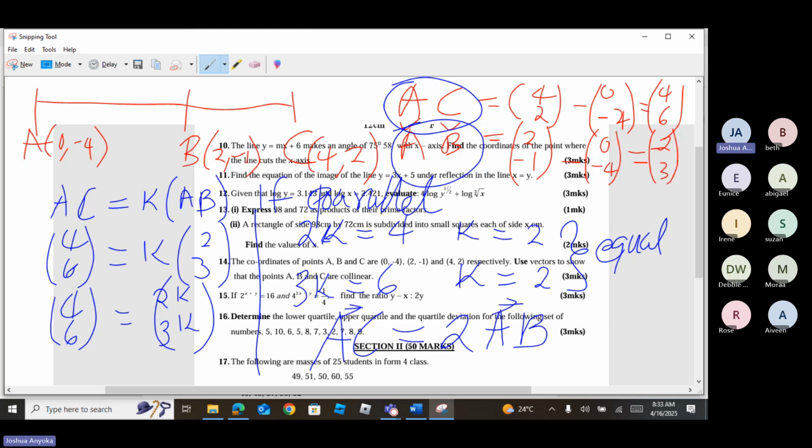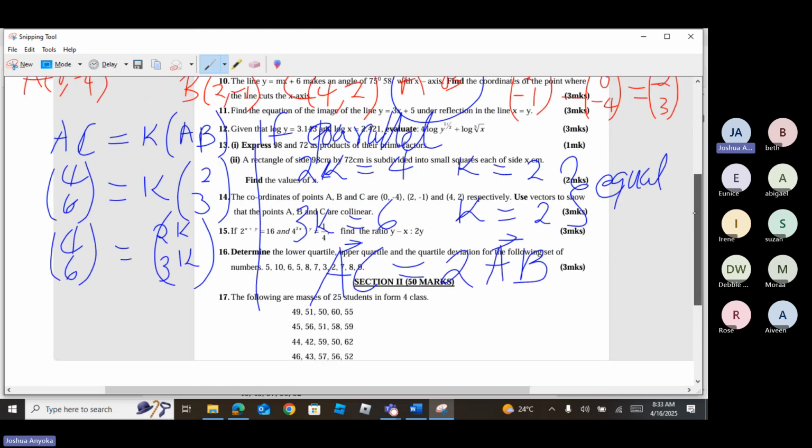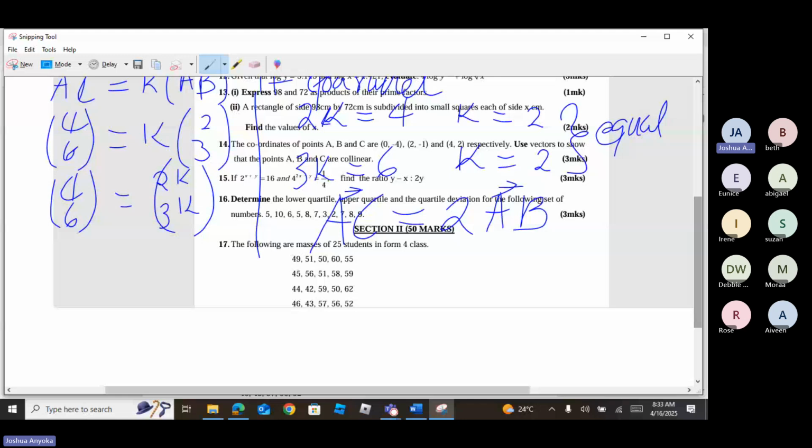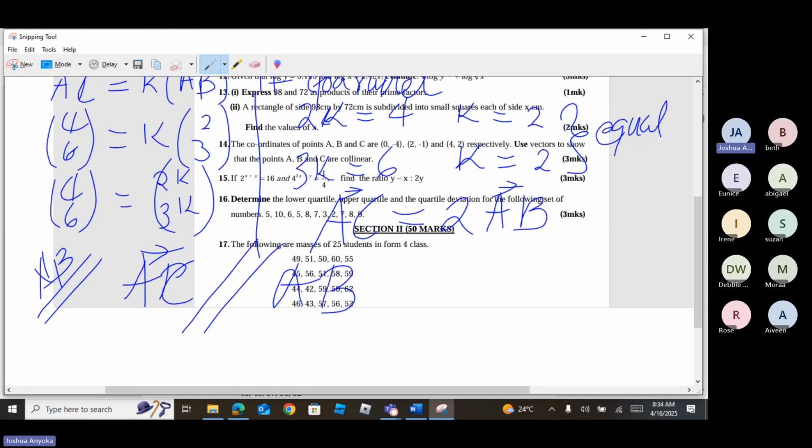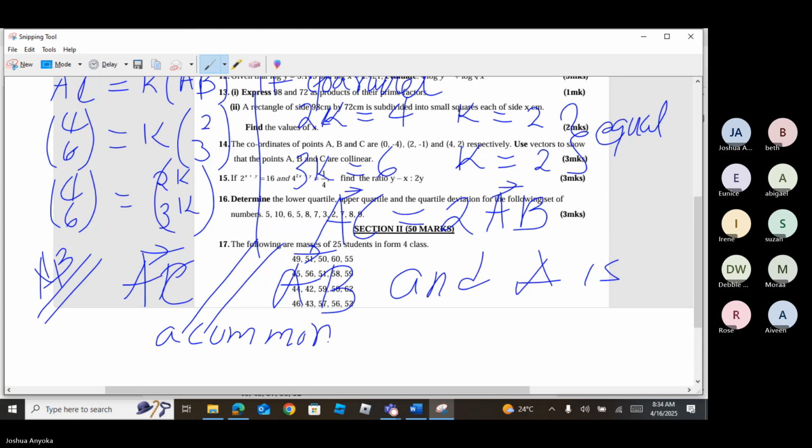And you can see I've included the vector notation; in our working, we must include it. So how are we going to conclude? This one is a must. You have to say vector AC is parallel to vector AB, and A is a common point.